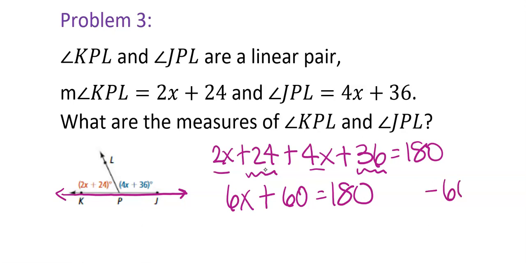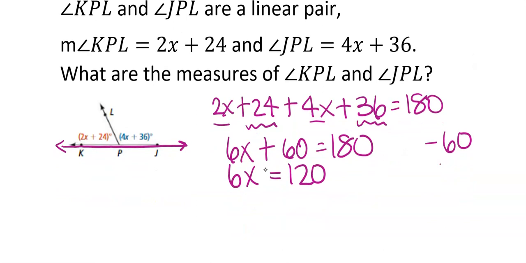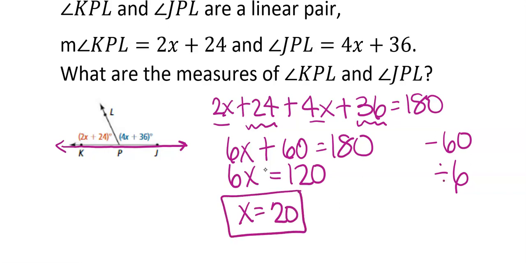And we'll subtract 60 from both sides. And then we'll divide by 6. And they want the measures of those two pieces. So the measure of angle KPL is equal to 2 times 20 plus 24. So 40 plus 24 would be 64.